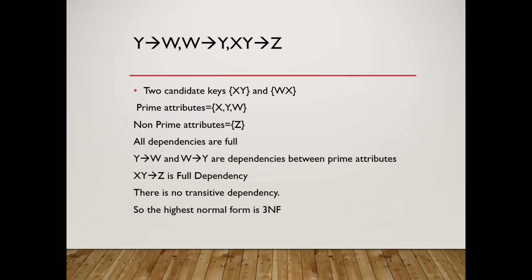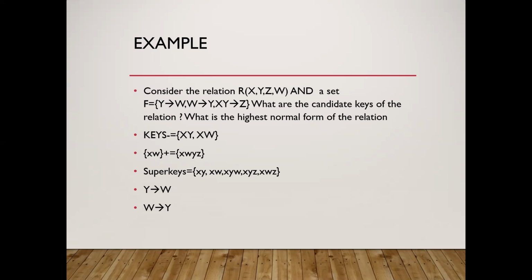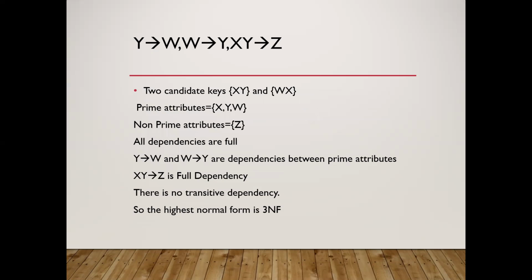The only non-prime attribute is Z. XY to Z is again a full dependency. Is there any transitive dependency present? No. So the highest normal form is 3NF.